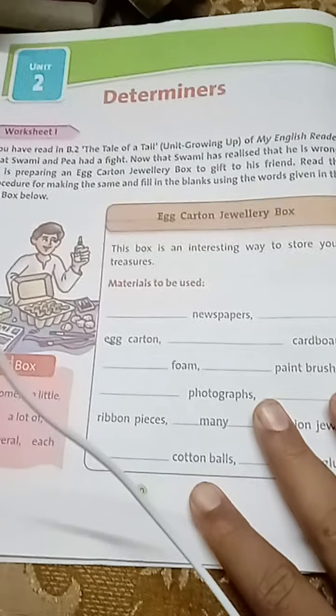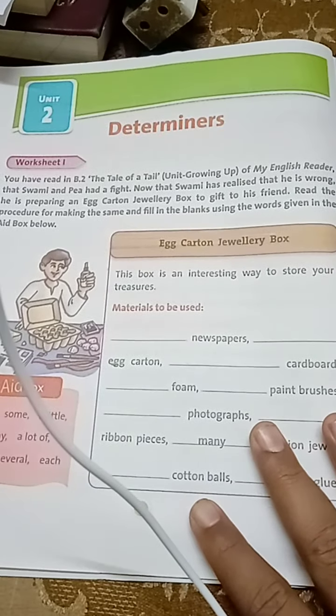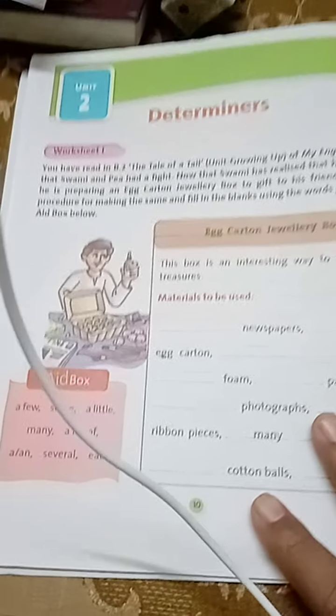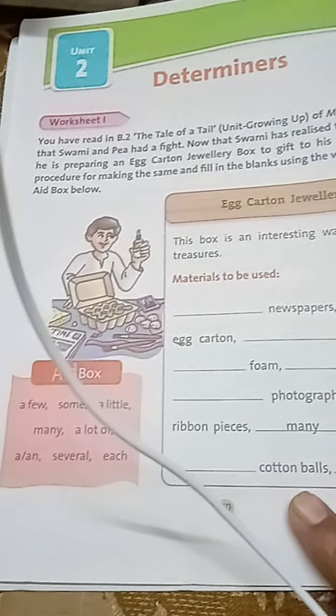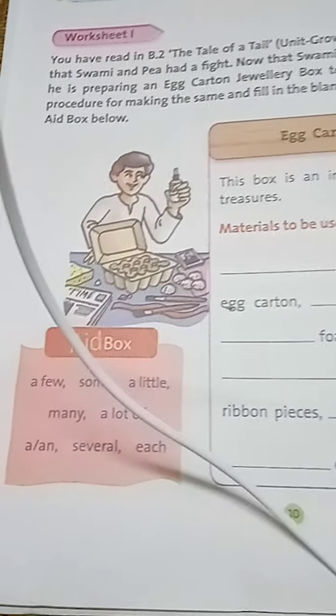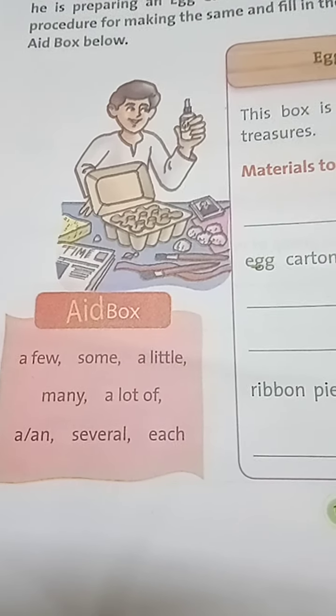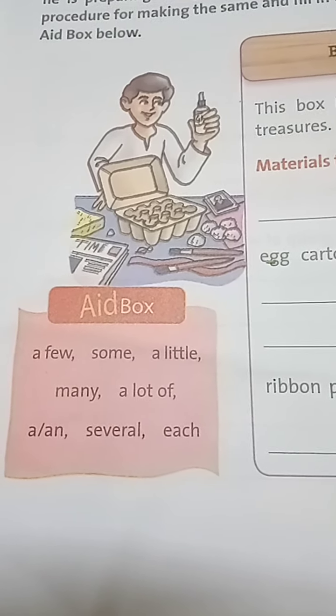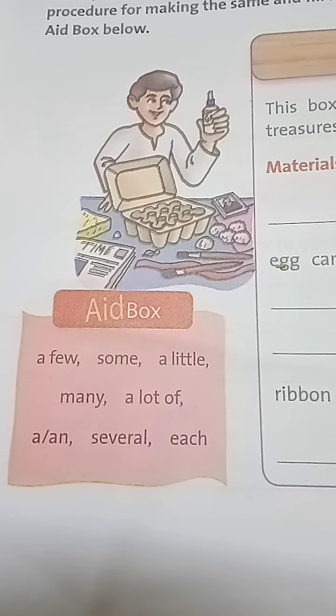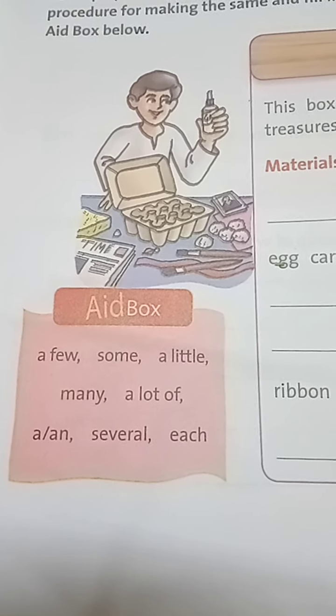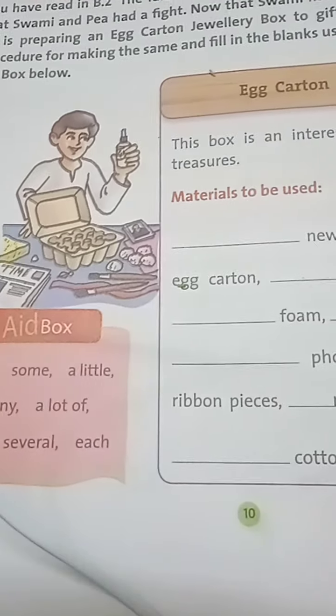This is chapter 2 of your book, in which you can see some examples of determiners: a few, some, a little, many, a lot of, a or an, several, each, etc.